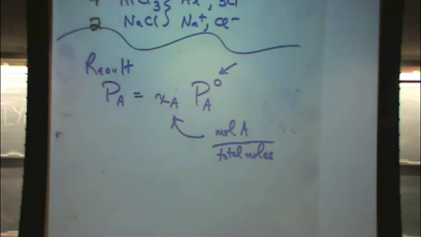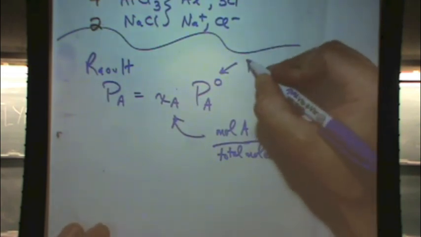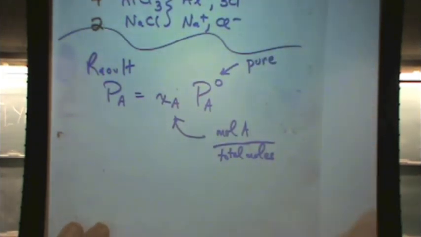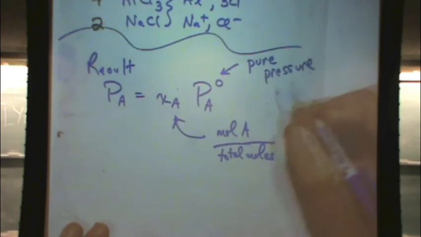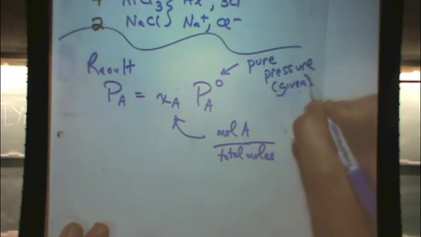That means if this A was just by itself, what would its vapor pressure be? If component A is all by itself in a beaker, and there's a pressure above the beaker, that's this number. It's called the pure pressure, meaning the pressure of just A, and this is typically just given in a problem.